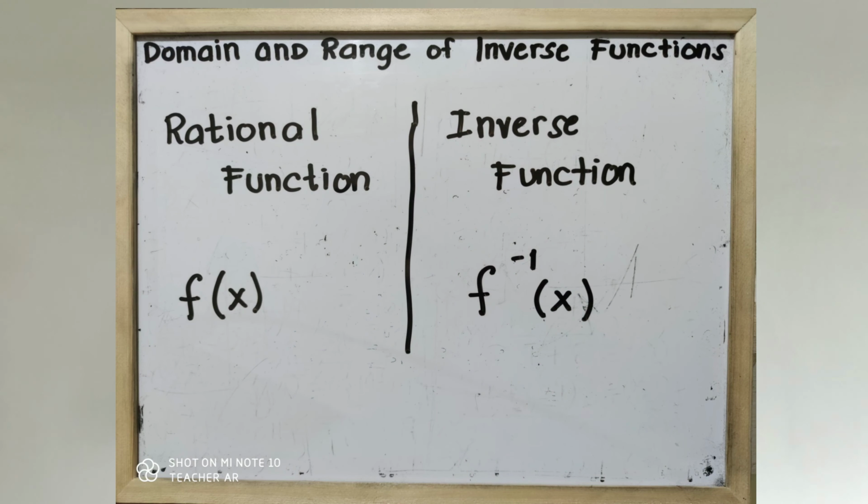So when you see an equation with f to the power of negative 1, it means you are now in an inverse function. Again, take a look at the difference: a rational function is denoted by f of x, while an inverse function is denoted by f to the power of negative 1. So let's start.